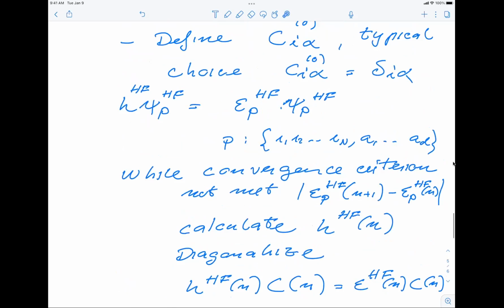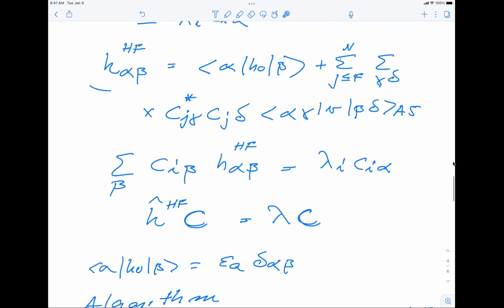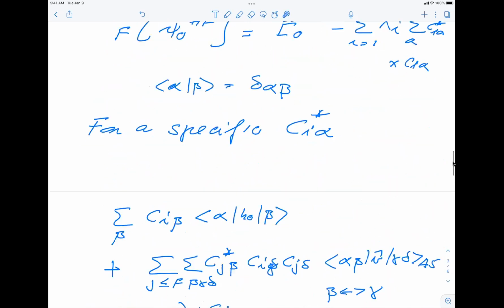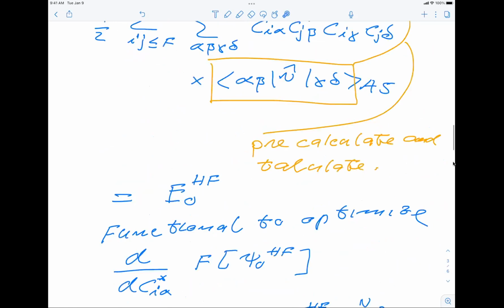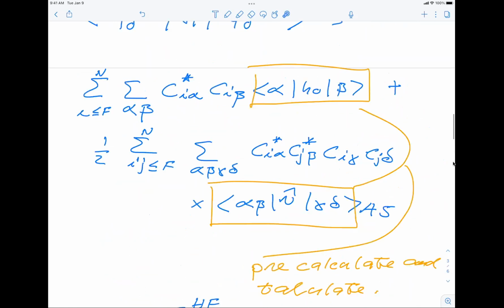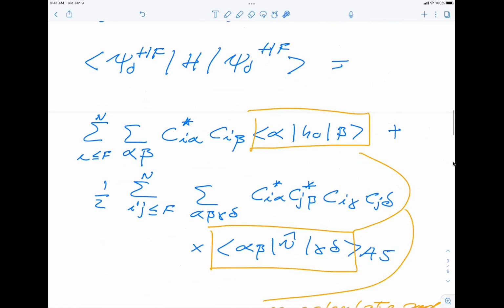If you look up a little bit at the equation for the total energy, you could actually have an iteration loop where you calculate the total energy. But if you look at the expression for the total energy for every new iteration, then these coefficients would depend on the iteration.